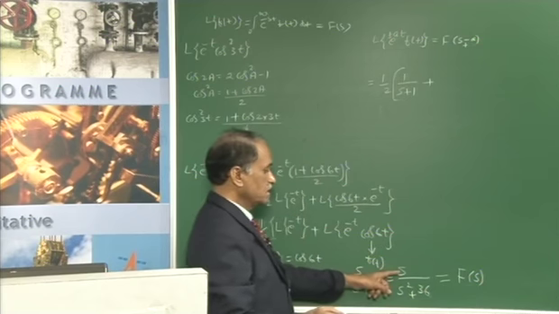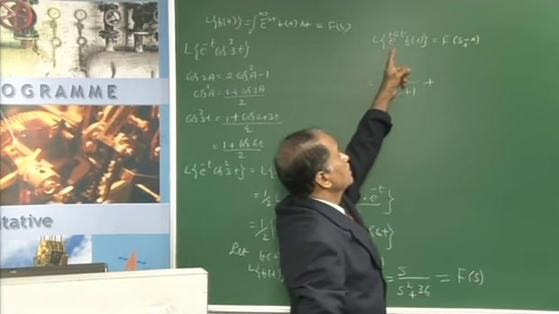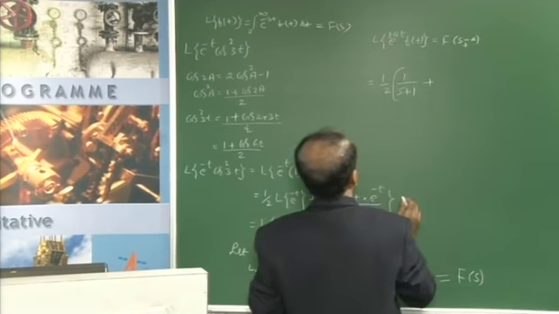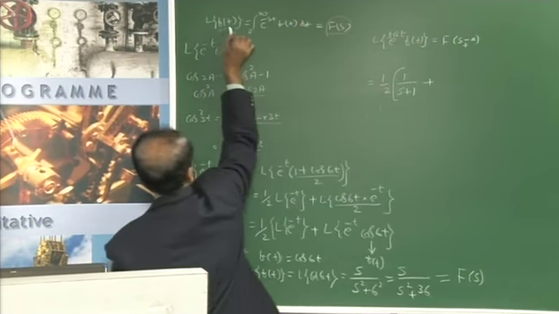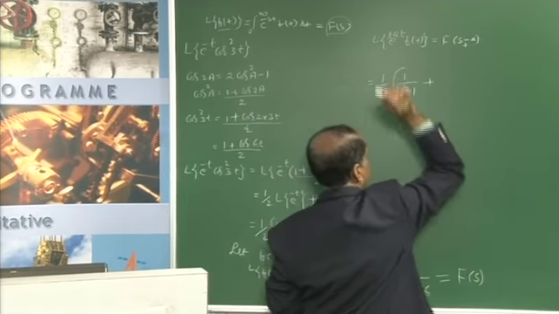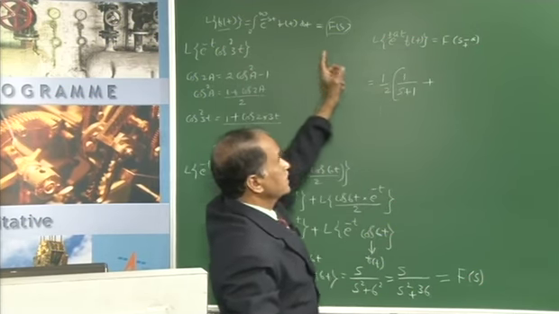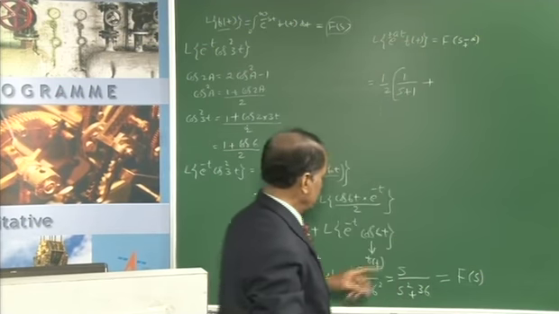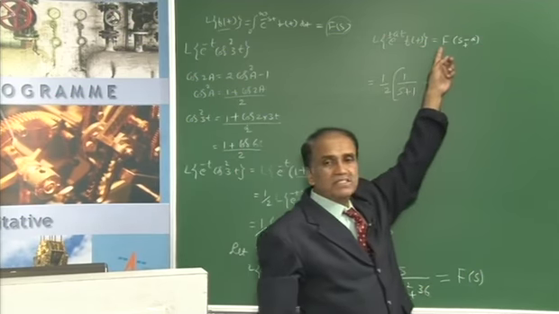When the exponential is multiplied, s is to be written as s minus a, because this F of s is due to a single function, but this F of s minus a is due to the product of two terms. So a single term and two terms. Depending on the sign we have to write the result. So wherever s is there, this clearly explains the meaning.